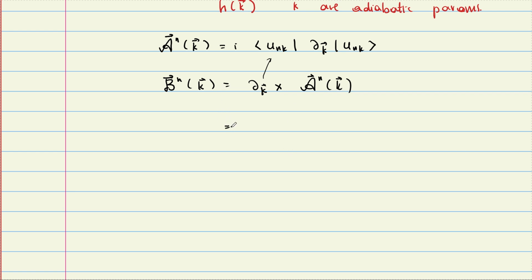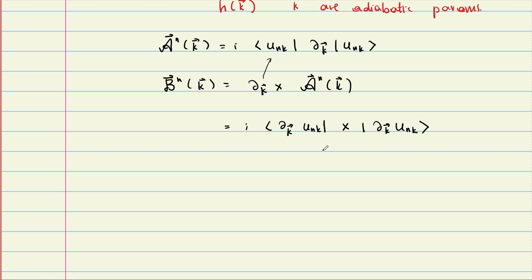By doing the calculation, what we are going to find is something like that. Let me write it. Del_k u_nk, cross product, del_k u_nk. It is not the position x.